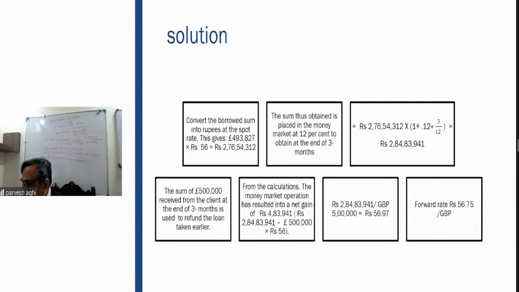If you go for the money market hedge because you're getting 56.97, you're taking advantage of the arbitrage benefit accruing to you through the money market hedge. So money market hedge will always give you a better chance, because you are getting a favorable amount here, which I explained yesterday.